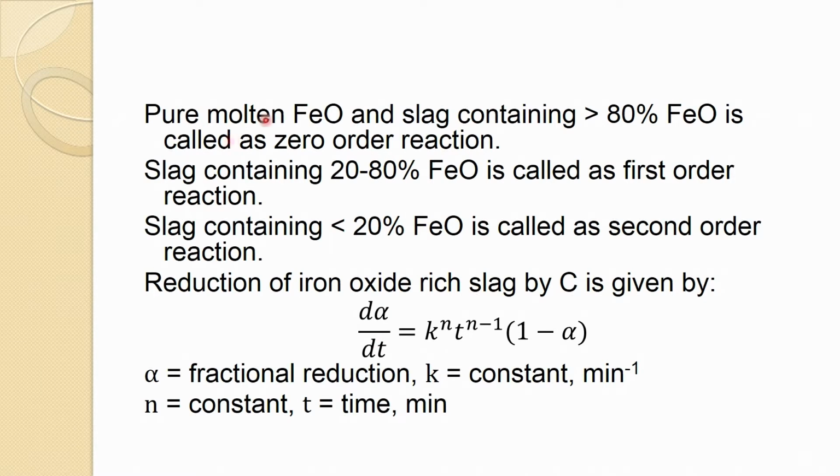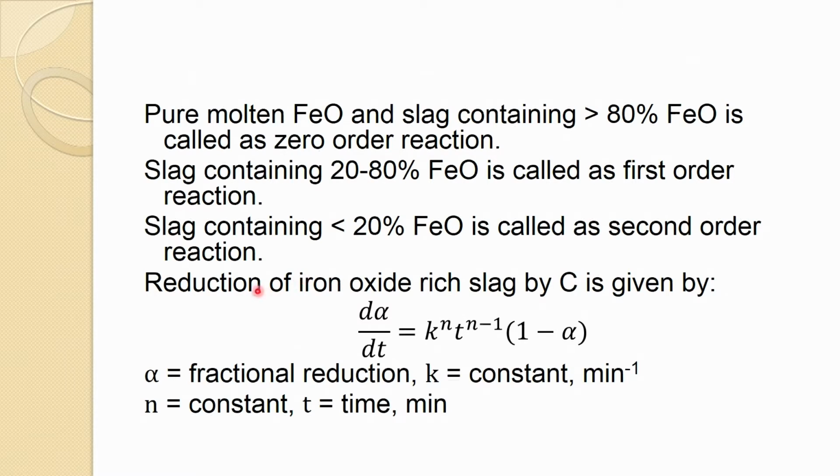Pure molten FeO and slag containing 80% FeO is called a zero order reaction. So, if the slag is containing 80% FeO, that is a mixture, then usually the kinetics is a zero order reaction. And if it is between 20 and 80% of FeO, then it is a first order reaction, and less than 20%, then it is a second order reaction.